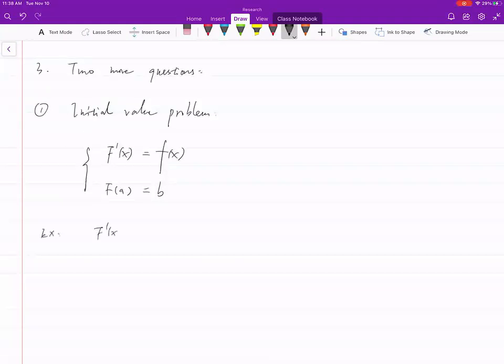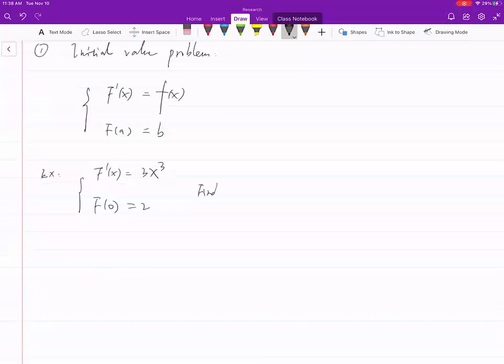If I know f'(x) equals 3x cubed, and I know f(0) equals 2, find f(x). Very quick. It should be x to the 4th, right? But if I do that, I'm going to produce a 4. So I need to cancel the 4. I need a 3, so I put a 3 here.